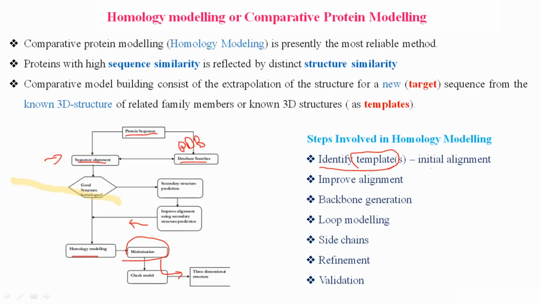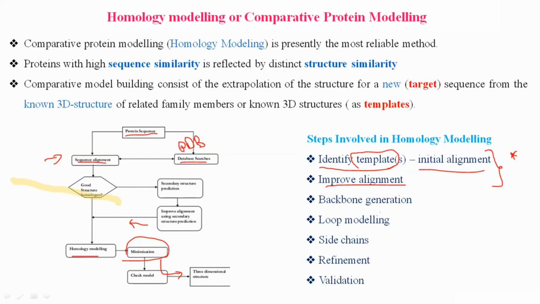This involves the initial alignment and then improving it. Identifying the template and alignment is the most important step, because if you identify the wrong template with non-similar sequence identity, the entire model will be wrong and we'll face many issues.